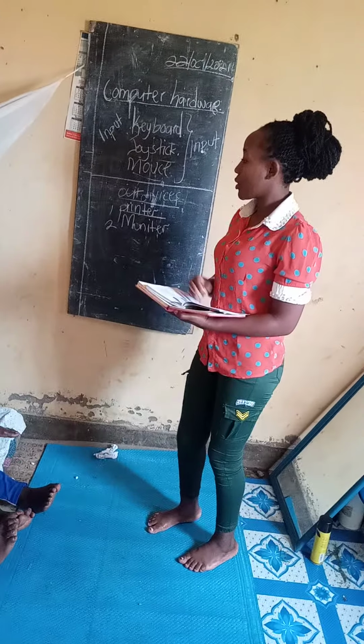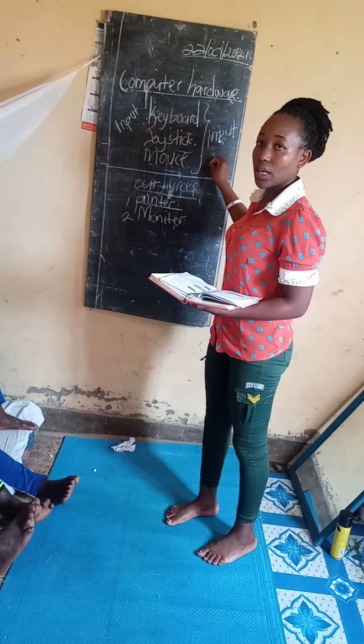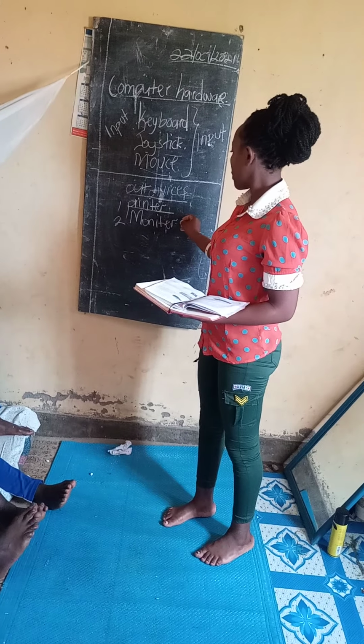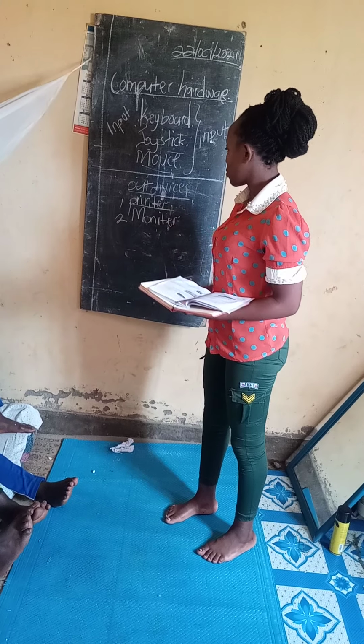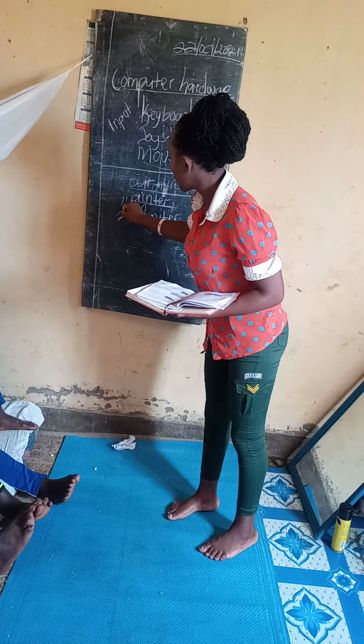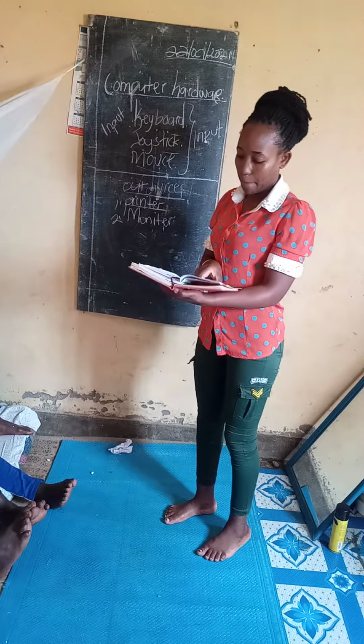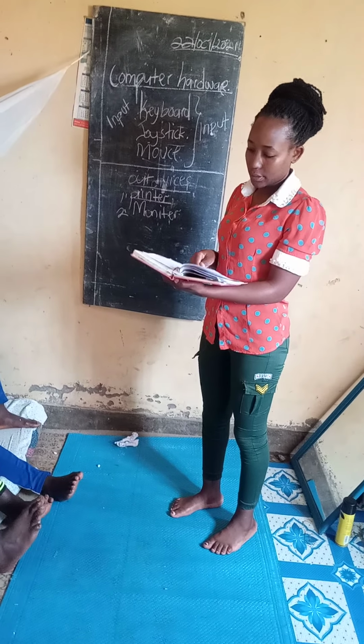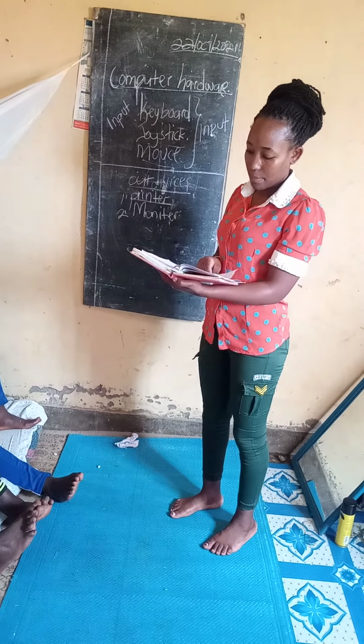When you're typing your data in a computer, it's a monitor that helps you to display that data for you. That is also an output device. Yes? Are we together, class? Yes. Should anyone give us another example?